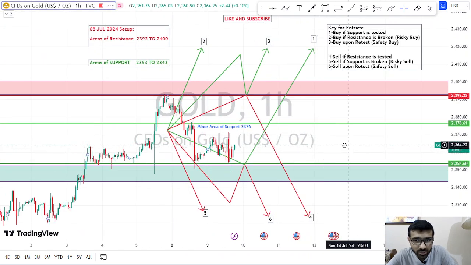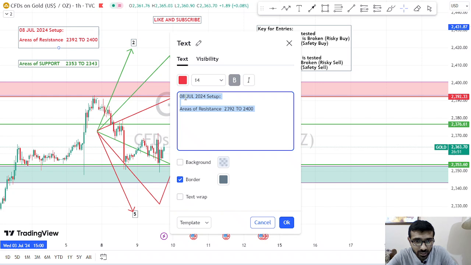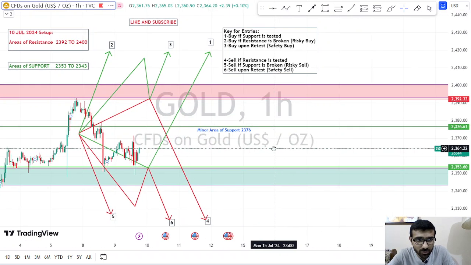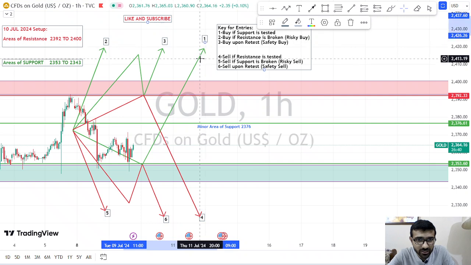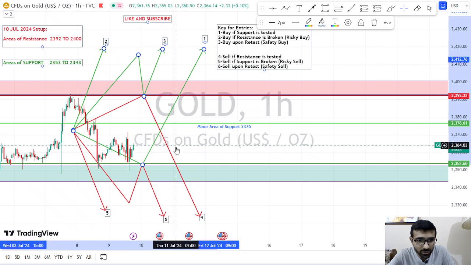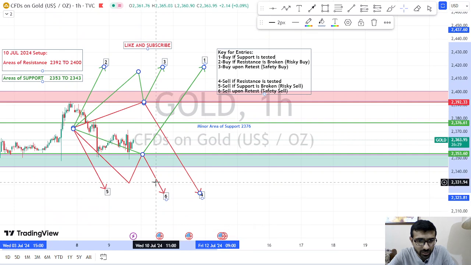And if you guys are looking for some good entries, then we are still looking for some buying positions. And for tomorrow, which is the 10th of July, let me just simply move forward these scenarios so you guys can easily take trades in this gold versus US dollar. And if you guys have any questions, we are always here and ready to help you guys in any way possible.